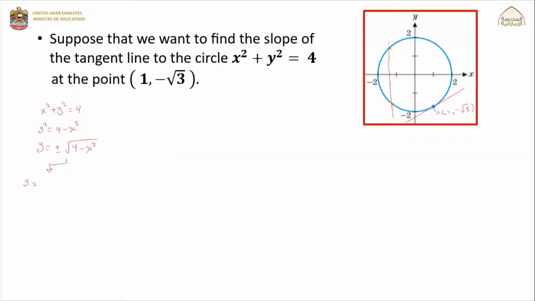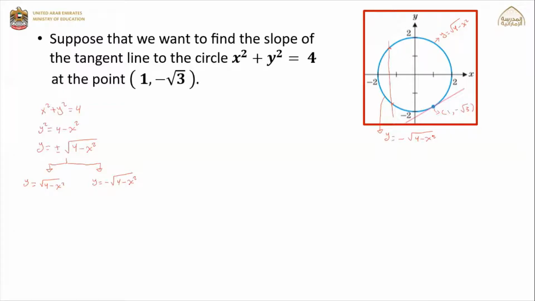The first one is y equal radical 4 minus x squared, which is the upper semicircle, and the second one is y equal minus radical 4 minus x squared, which is the semicircle on the bottom.